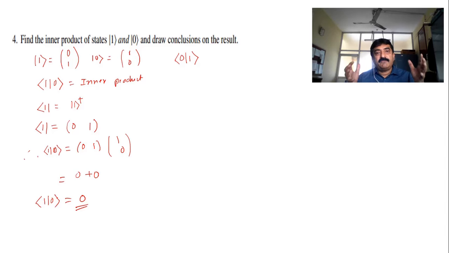But if the vector space is a complex vector space, finally you will get a complex number. Complex number is generated. Okay. Suppose if the product is equal to 0, then we say those 2 vectors are perpendicular to each other. Actually, when the scalar product is 0, you recall the scalar product formula.